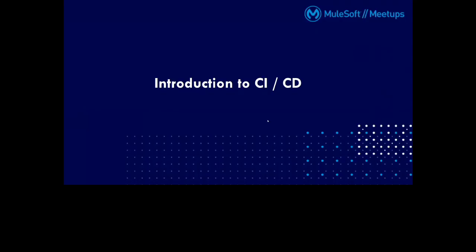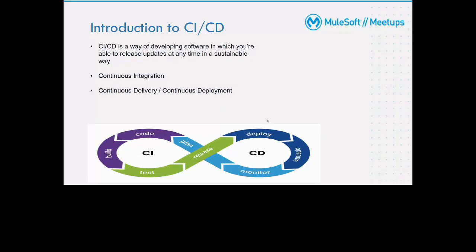We'll first go with the introduction to CI/CD. Most of us already know what CI/CD is, but let's have a refresher. CI/CD stands for the combined practices of continuous integration and continuous delivery, or continuous deployment.